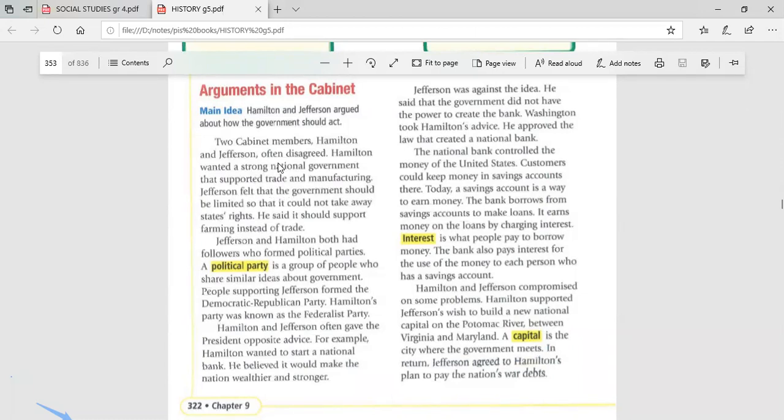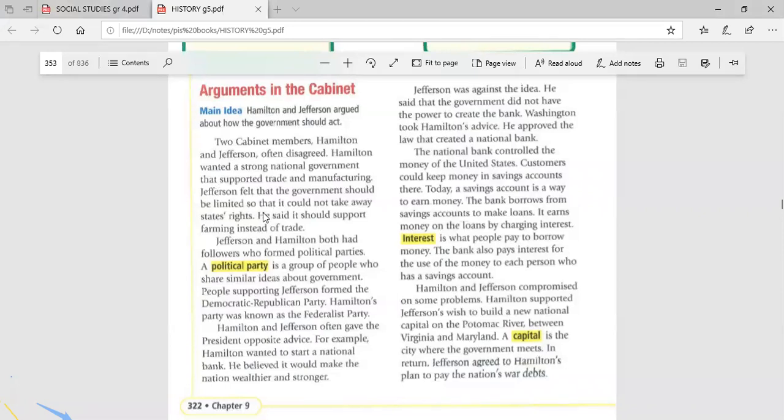So Hamilton has a point of view that America's economy would be strong if we were interested in trading and manufacturing. Manufacturing here means building factories, making products and starting to sell these products in different countries. But Jefferson has another point of view. He felt that the government should be limited, should be limited.